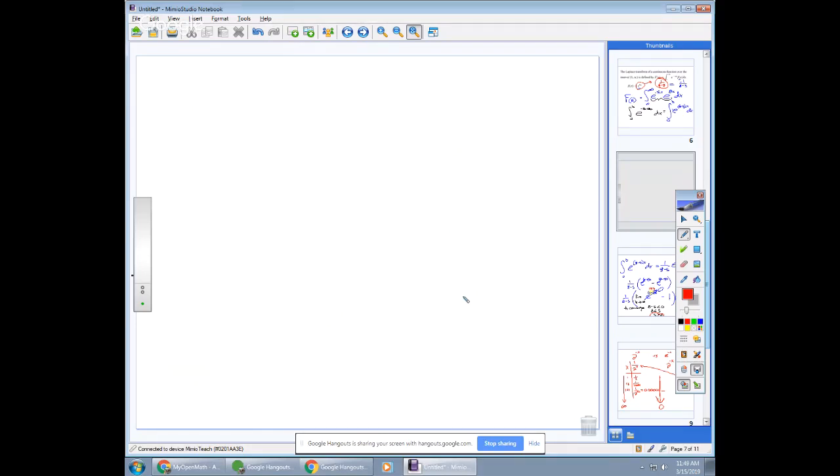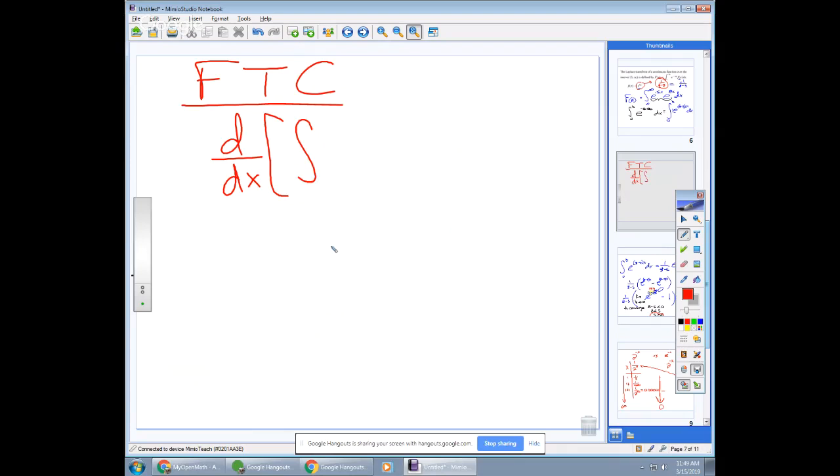All right, let's see. According to the fundamental theorem of calculus, the FTC, what would happen if we took the derivative with respect to x of the integral from 1 to x of the sine of t over t dt?